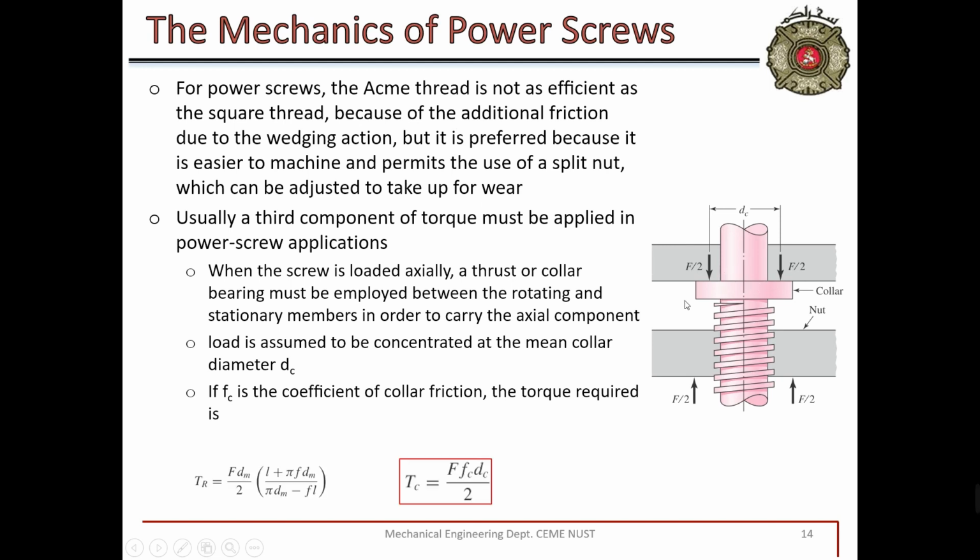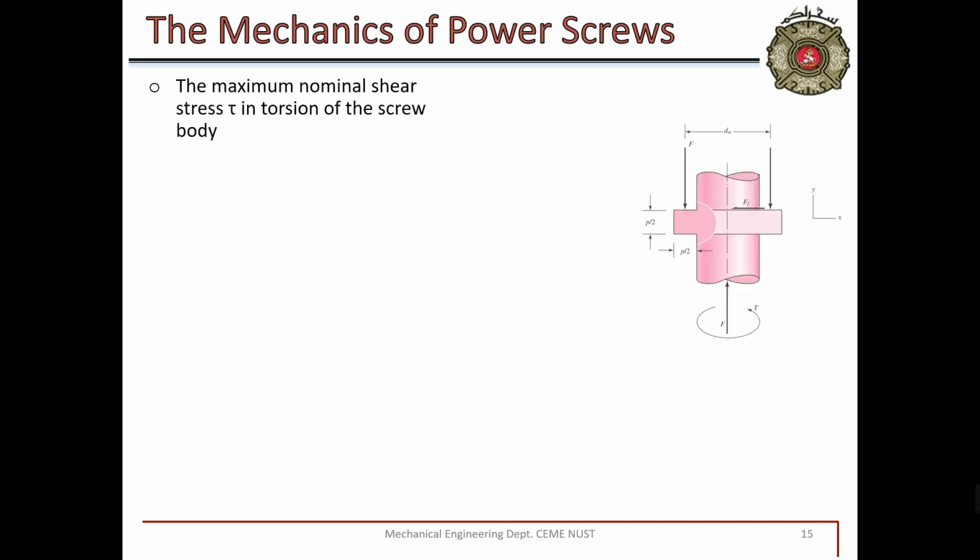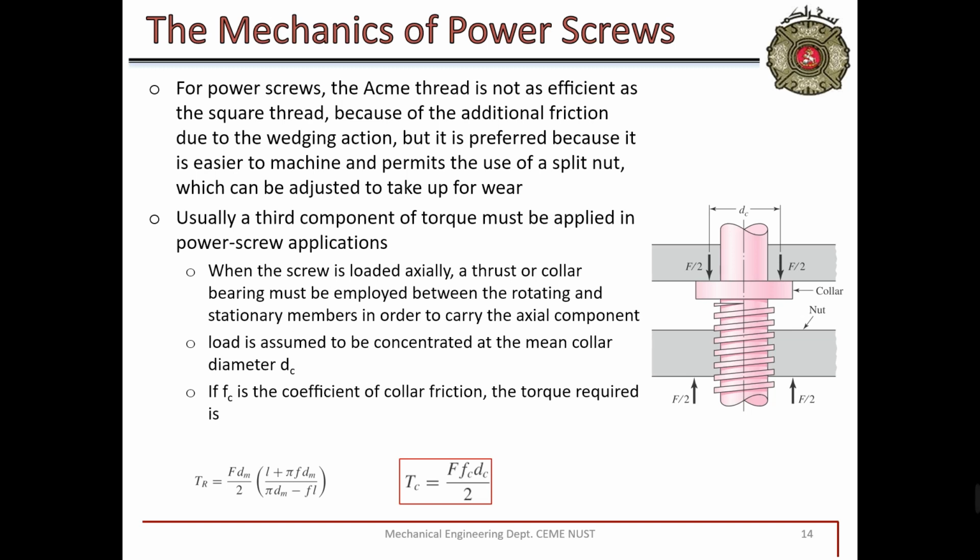What the collar does is, if there is a collar, then either to raise the load or lower the load, the system should experience two types of torques, TR and TC, or TL and TC for lowering the load. The total torque will be the sum of the torque required to raise the load and TC.